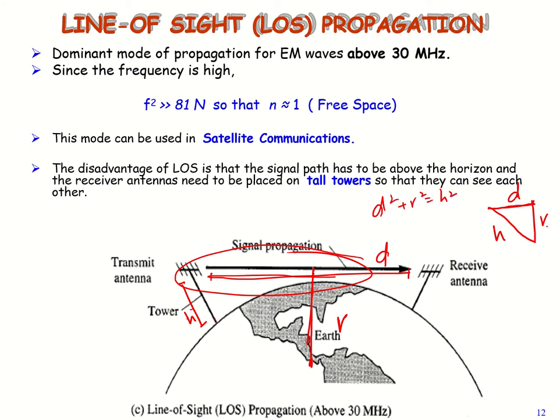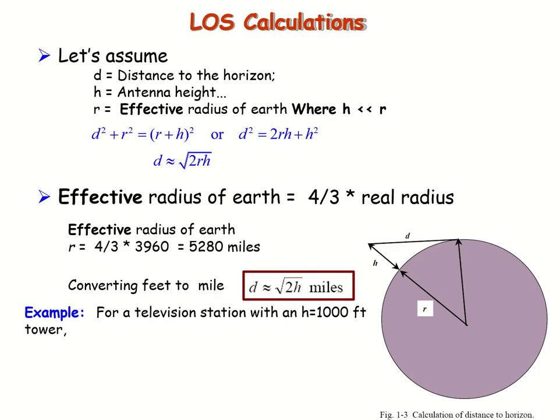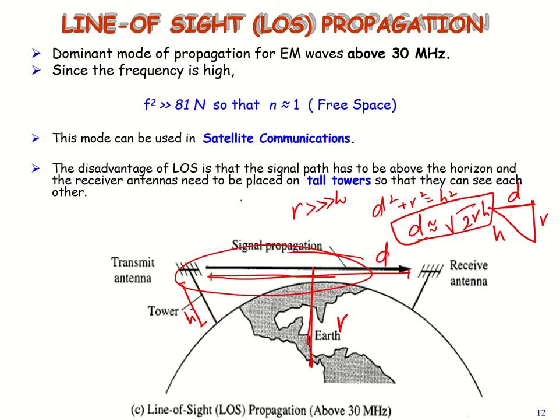And we know that the radius of the earth is very large, much higher than h, so we can simplify this, and eventually we can derive the relationship d equals square root of 2 times r times h. By using this formula, we can calculate the coverage distance between two antennas.